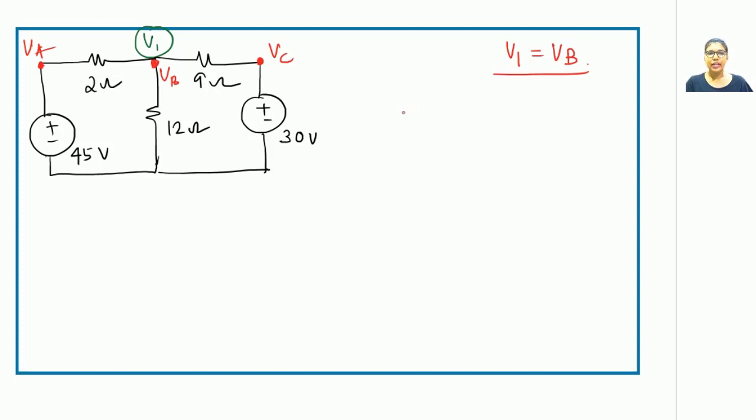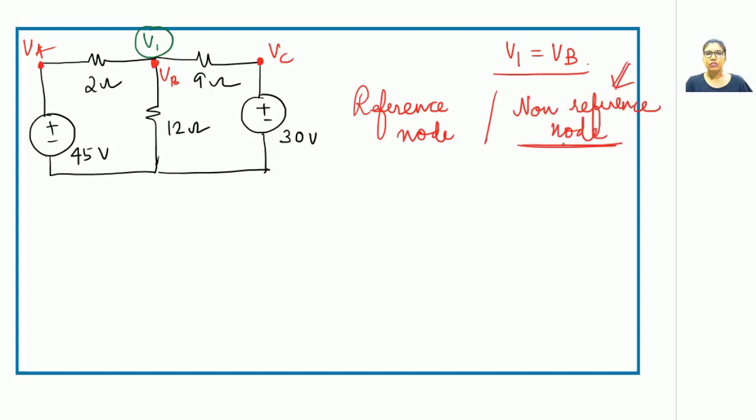Now in nodal analysis, there are certain terms that one needs to know. The terms are something called a reference node and a non-reference node. The non-reference node part we'll be dealing with in our future classes. Right now we'll only be discussing the reference node. What do you mean by a reference node?